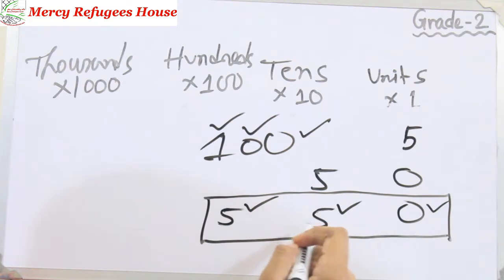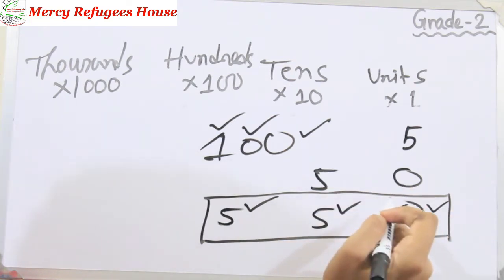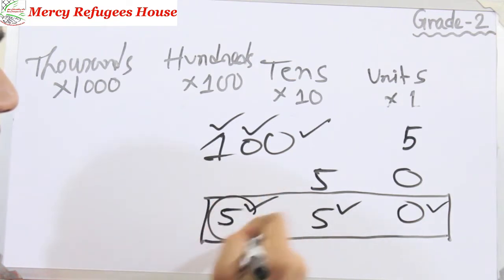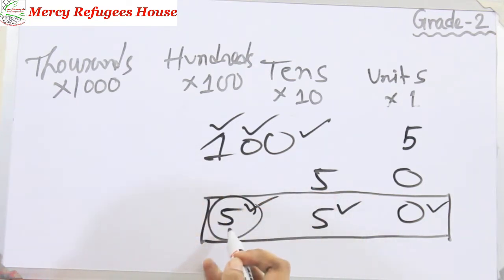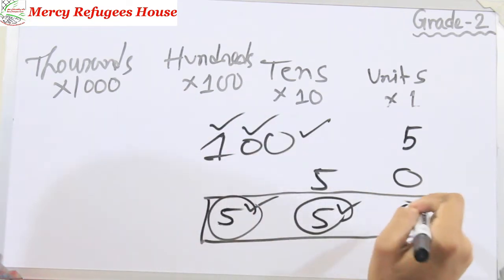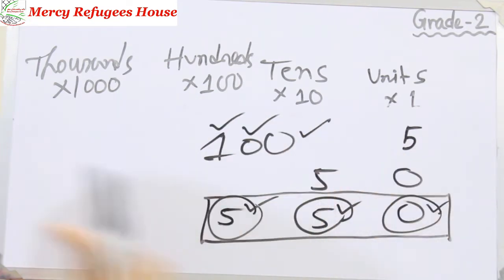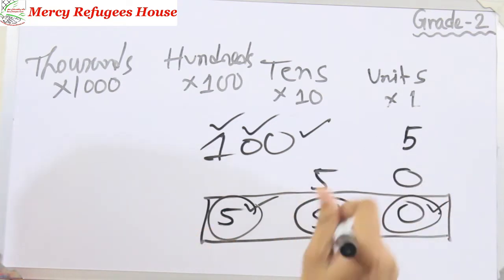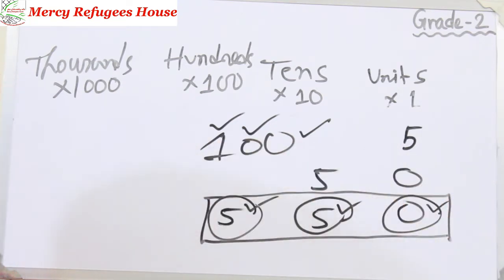So look at this 550. It comes with the hundreds value. The value of this 5 is 100. The value of this 5 is 10 and the value of this 5 is 1. Whatever is here has a value of 1, whatever is here has a value times 10, whatever is here has a hundreds value.